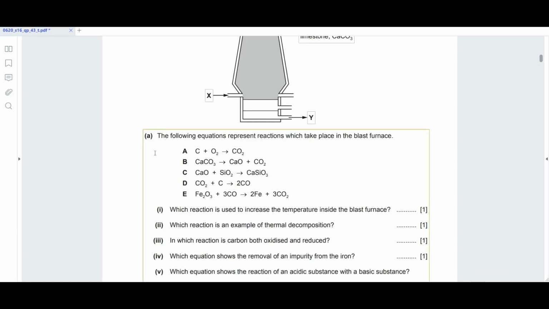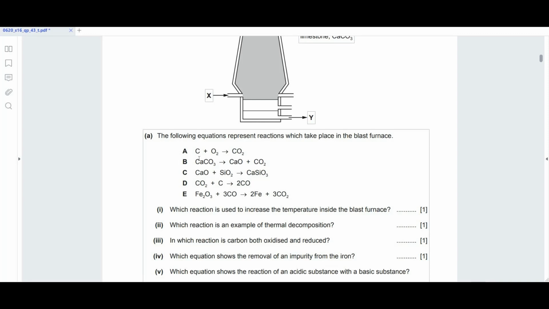The first reaction, A, is the production of carbon dioxide by the reaction between carbon and oxygen. Reaction B is the decomposition of calcium carbonate, which will form calcium oxide and carbon dioxide. Reaction C is the production of calcium silicate, which is a molten slag, by the reaction between calcium oxide and silicon oxide.